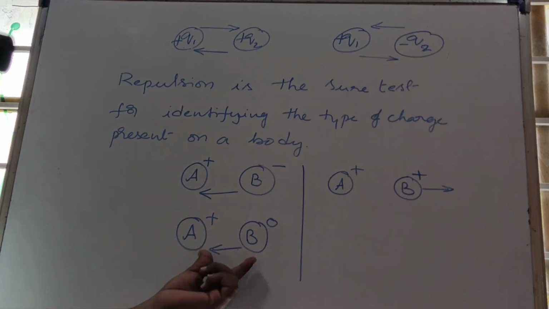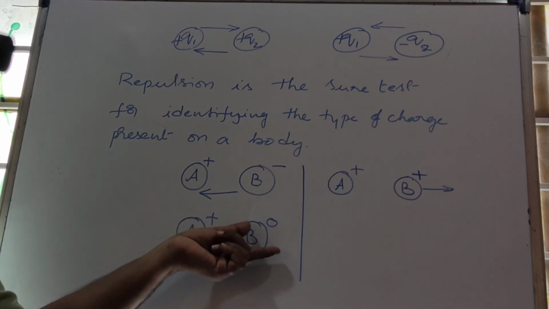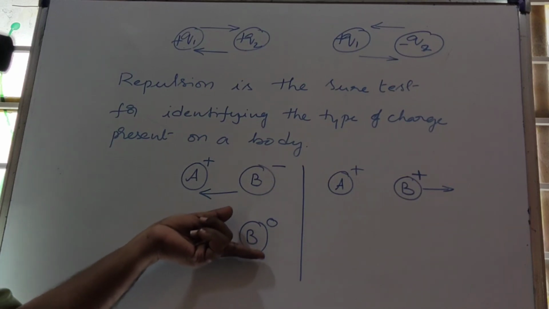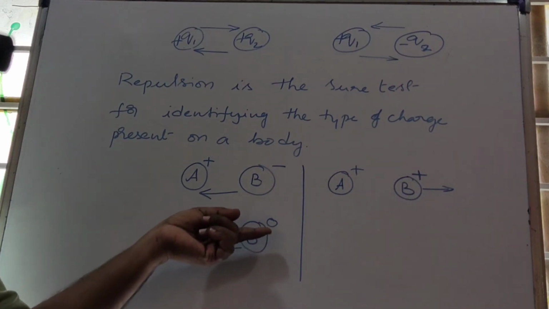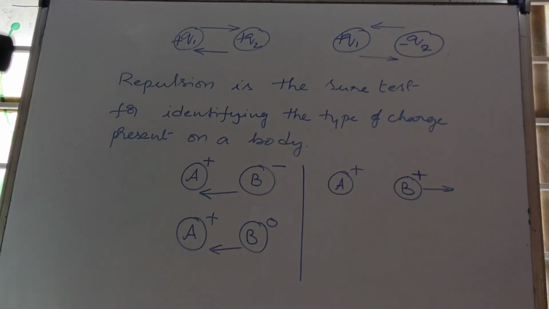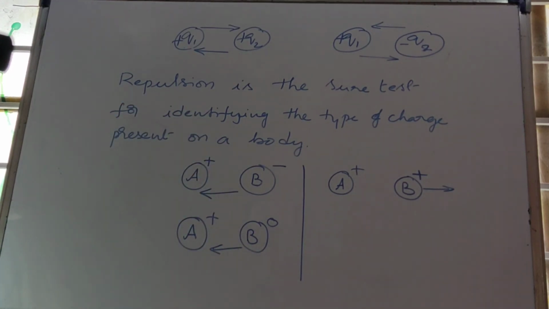Okay, in this case, because of induction, the second body, initially it is neutral, but after placing it very near to the first body, due to induction, the body B will acquire a negative charge and therefore it will be attracted towards the first body A. Okay, so that is why we consider repulsion as the sure test for identifying the type of charge present on a body.